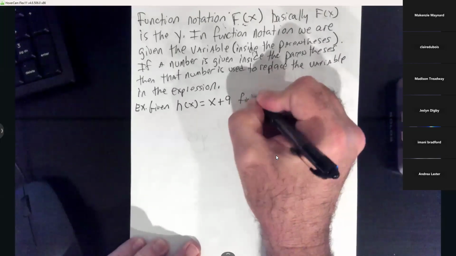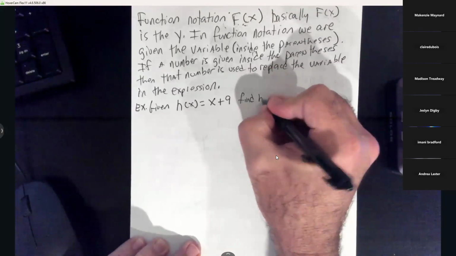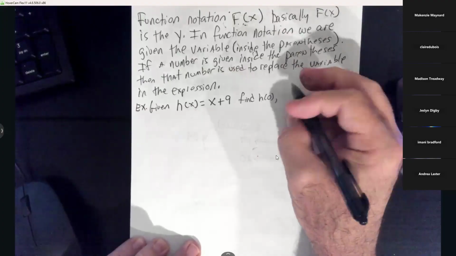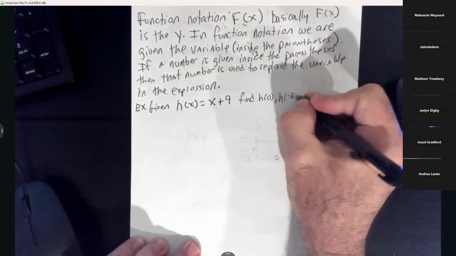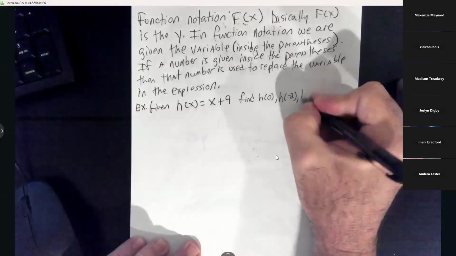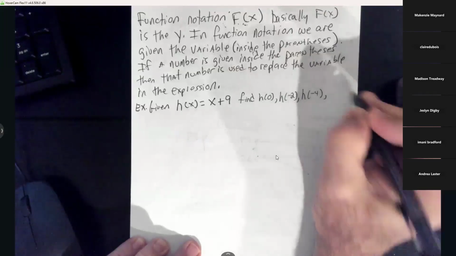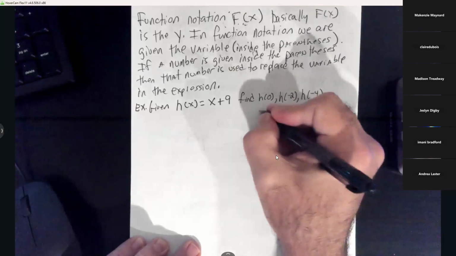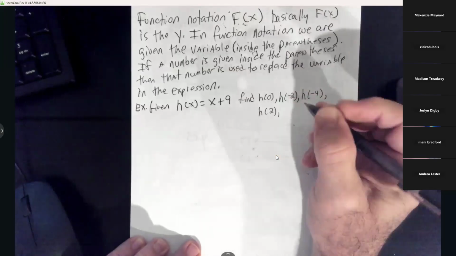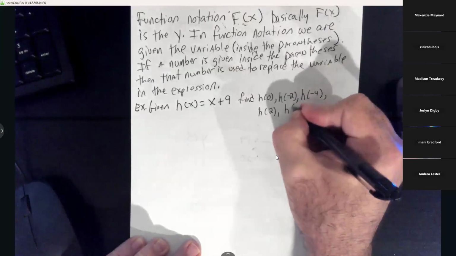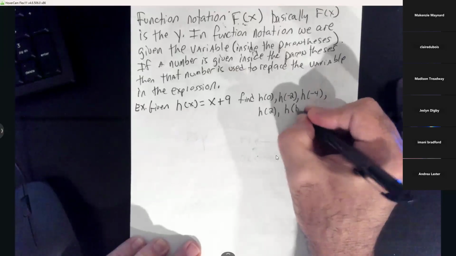Then they want me to find h of 0, h of negative 2, h of negative 4, h of 2, and h of b plus 20.